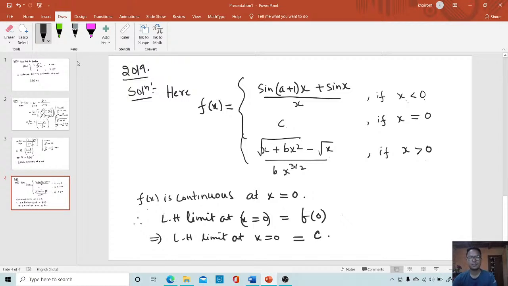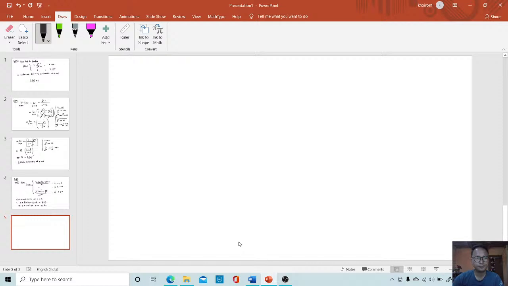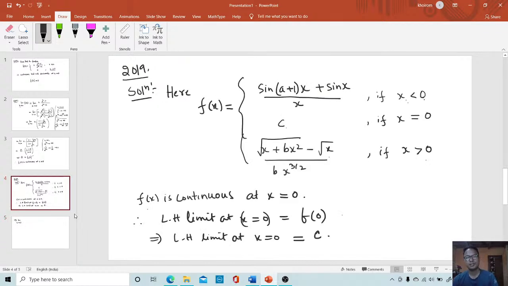Now we have to find the left hand limit, right? The limit at the point 0, the left hand limit, is x tends to 0 minus, that is, x is less than 0.